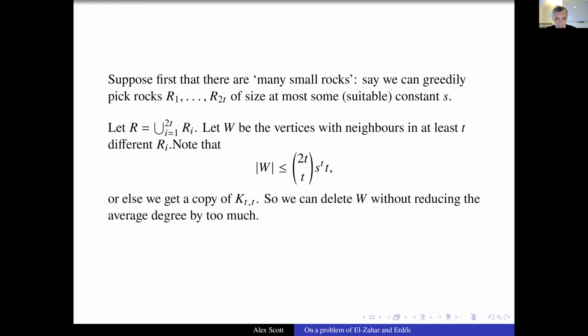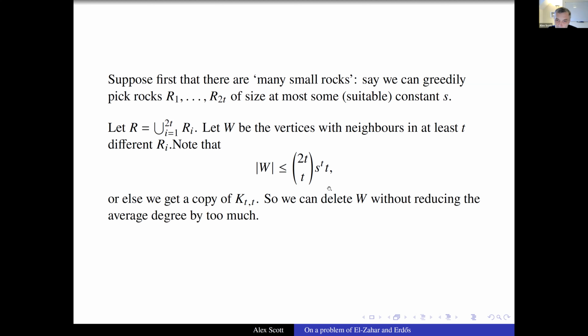Here's the nice thing, W is not too big. Remember, we're after a complete bipartite graph with T vertices on each side. So if you have neighbors in T rocks, the union of all these rocks is not very big, and so you can quickly see there can't be too many vertices with at least T neighbors in the union.